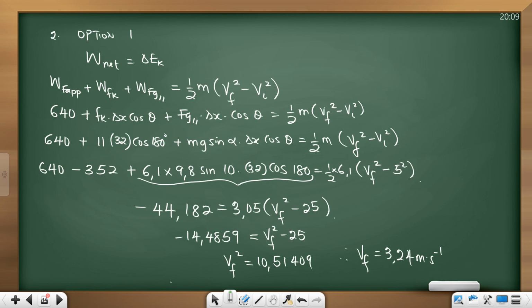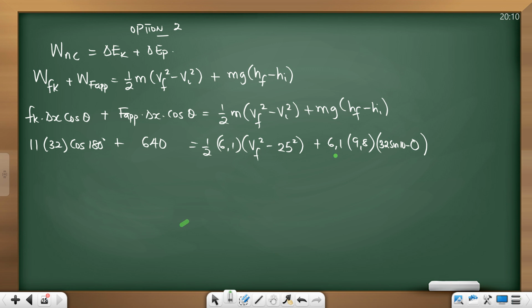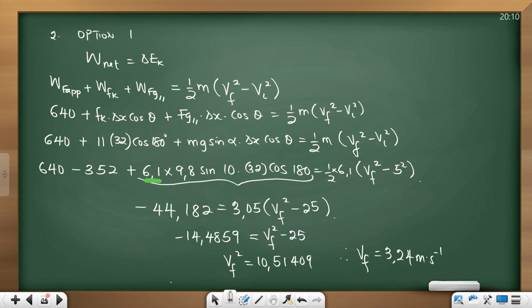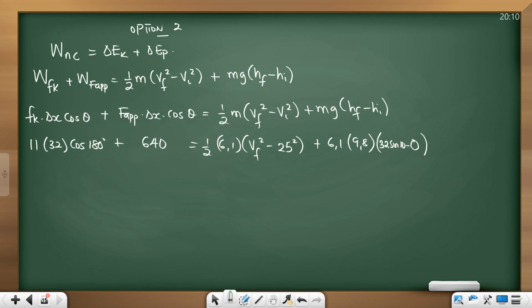Come here to this equation. Check. 32 sine 10. What do we have again? 6,1, 9,8, 32 sine 10. Cos 180 is what? If I move it over to that side, it becomes what? Can you see that it's the same thing?